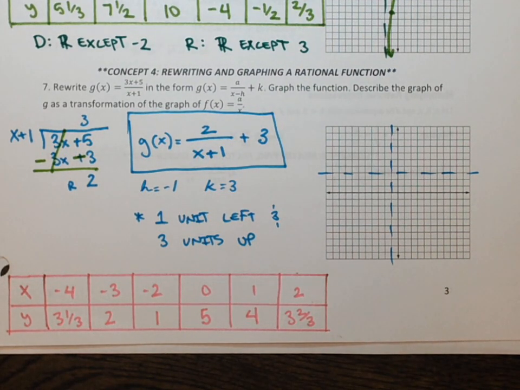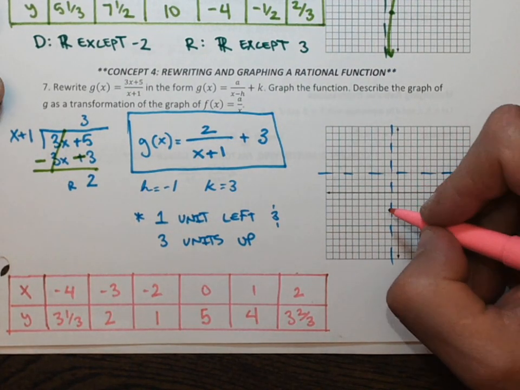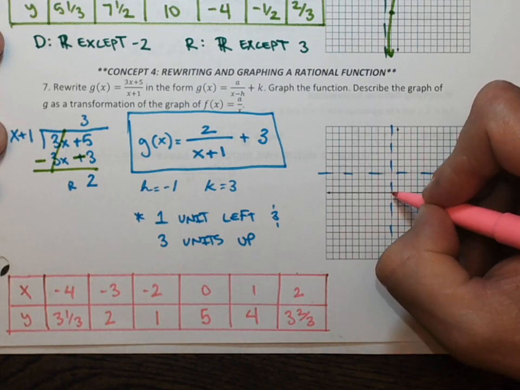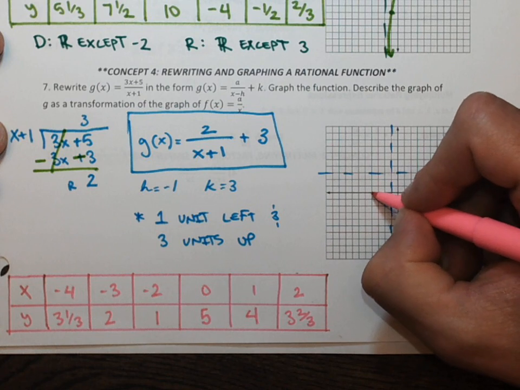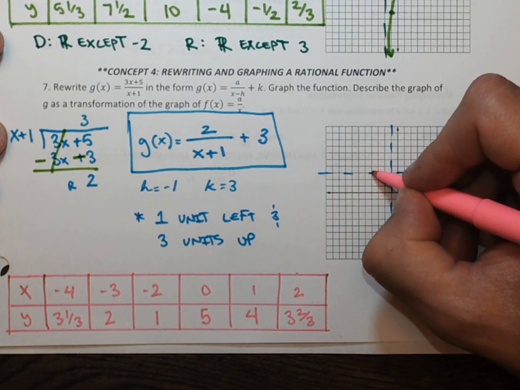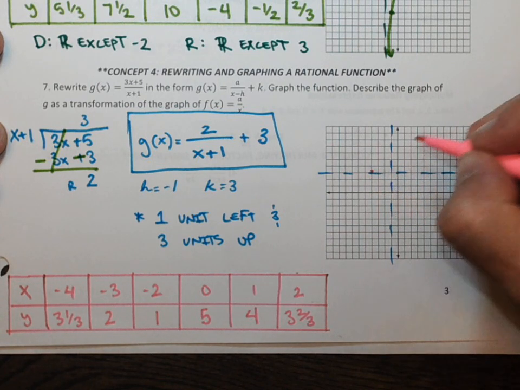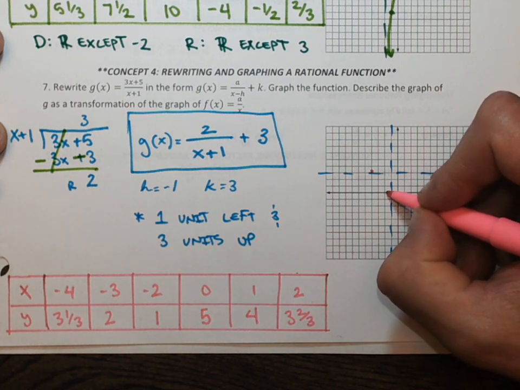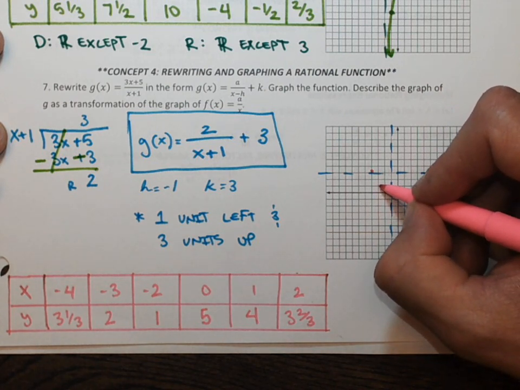All right. Awesome. Plot these points. Go from my origin, right? -4, 1, 2, 3, 4, up 3 1/3, and that is like right there. -3, so 1, 2, 3, up.